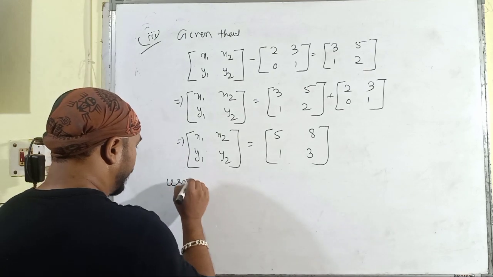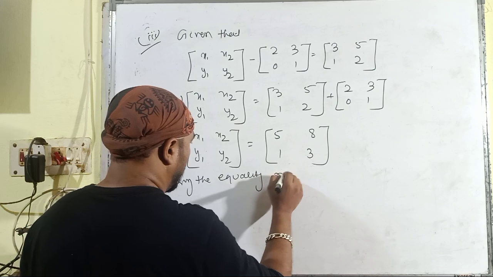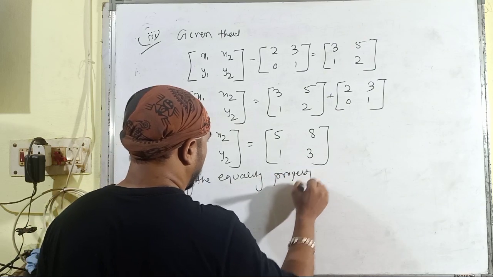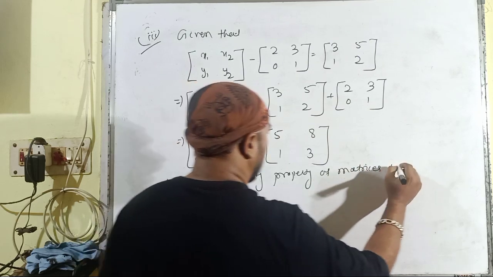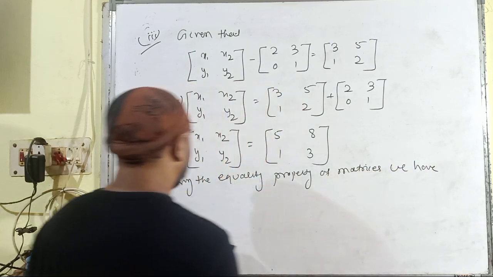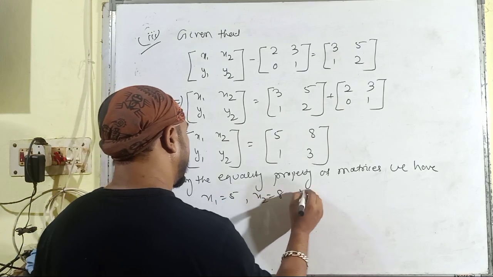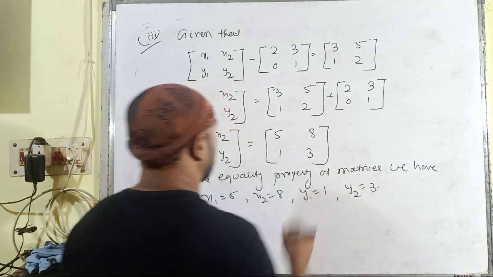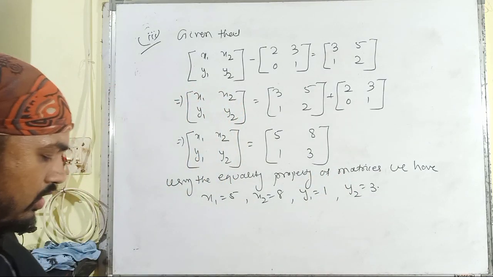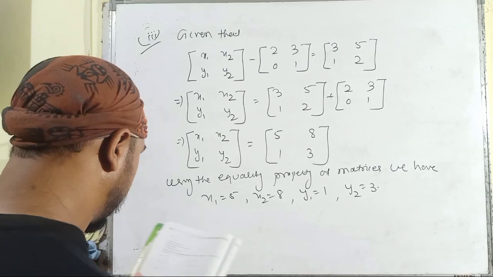Using the equality property of matrices, we have x1 is equal to 5, x2 is equal to 8, y1 is equal to 1, y2 is equal to 3. And here is the answer for the third bit of number 6.